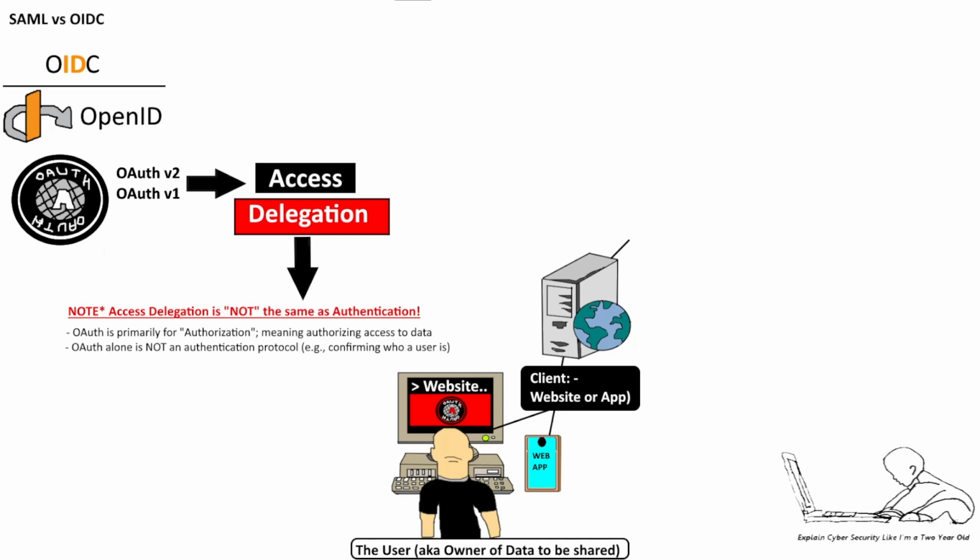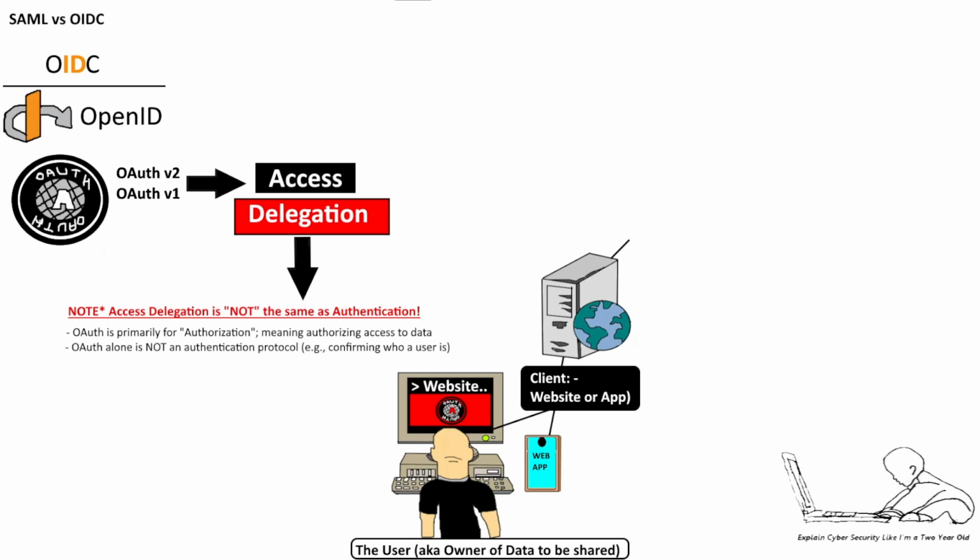Now, at this point, just to pause, there are a few new terms in this whole OAuth process flow, unlike SAML, so let's go through these. There is the user, aka the owner of the data to be shared, and then there is the client, which can be the website or the app. Now, the key technical takeaway here is that the client, aka the website or the app, is asking the resource owner, aka the user, to allow or grant it access to the data.